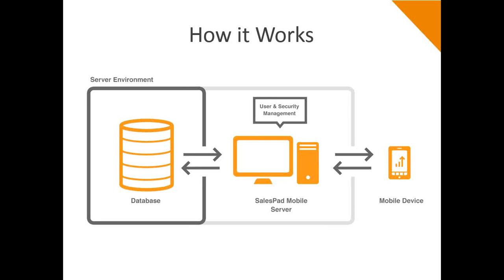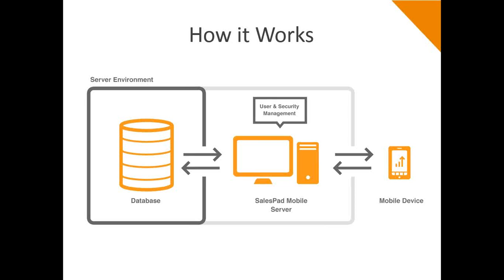There is also a web server that gets loaded, and the web server is actually the component that will be sending your data back and forth bidirectionally from the database out to the mobile device, and then in reciprocating, receiving data back from your mobile device back to the database.